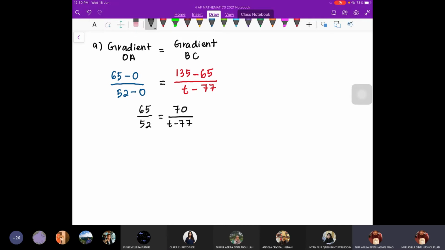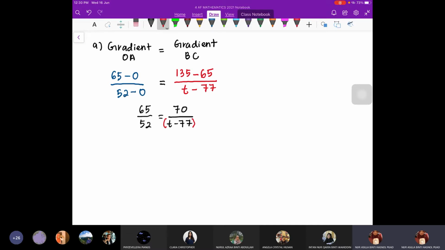Okay, dah dapat macam ni, saya dah ajar. First things first, tengok kalau ada tambah tolak, kamu kena letak rumah bagi dia. So t minus 77 kena letak rumah. Okay, baru kamu darabkan dengan any denominator that you see.